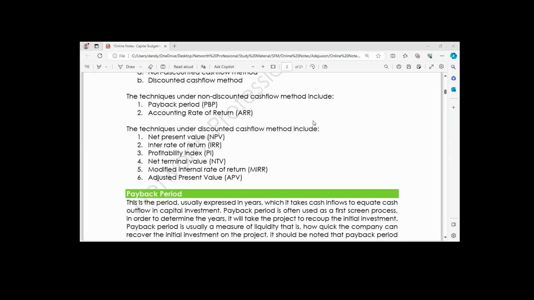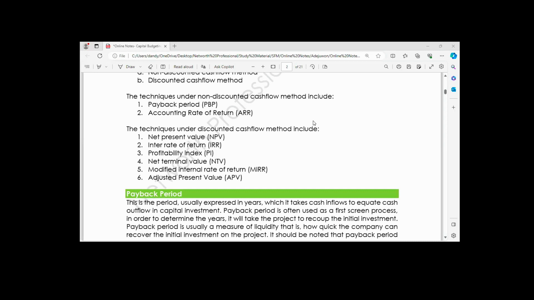Of all investment appraisal techniques, the net present value criterion is adjudged to be the overall best, okay?